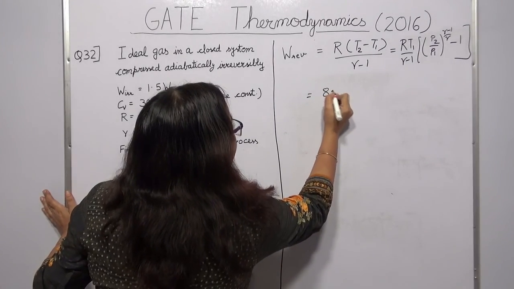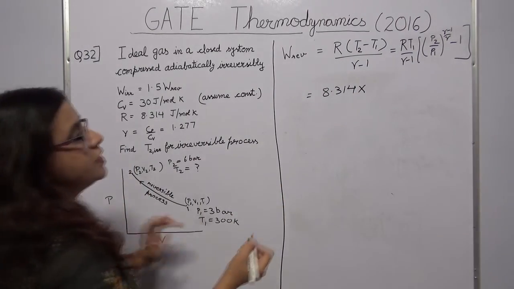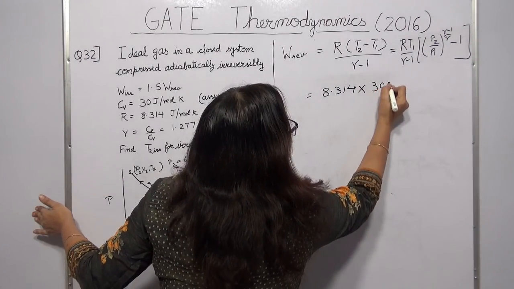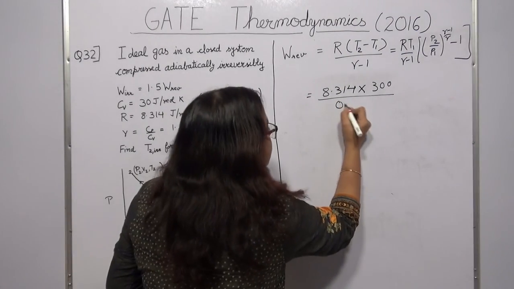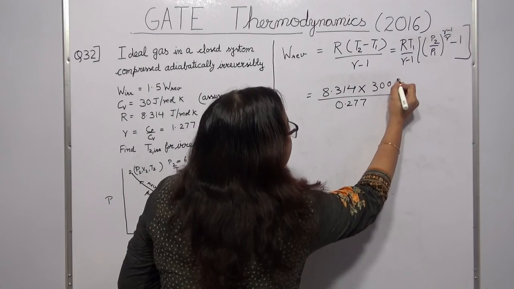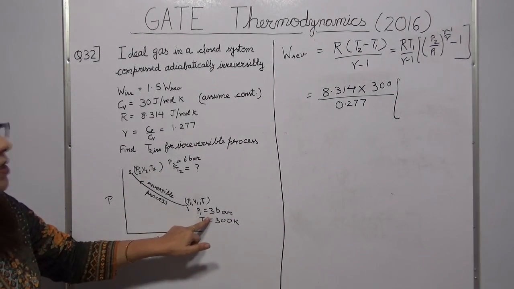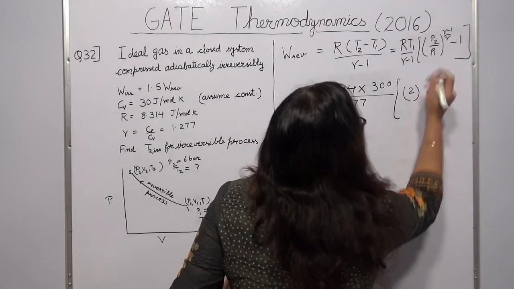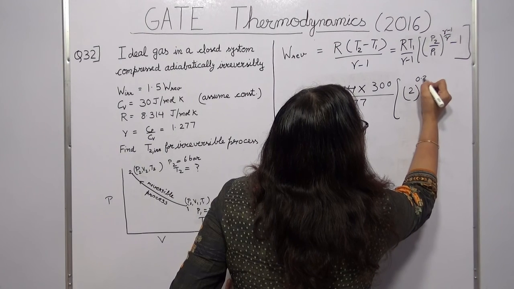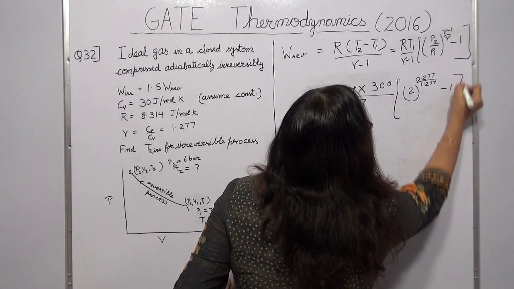What is R? 8.314. What is T1? T1 is 300 Kelvin. Gamma minus 1, that is 1.277 minus 1, so I am dividing by 0.277. P2 is 6 bar, P1 is 3 bar, so P2 by P1 is 2, and that is raised to the power 0.277 upon 1.277, minus 1.